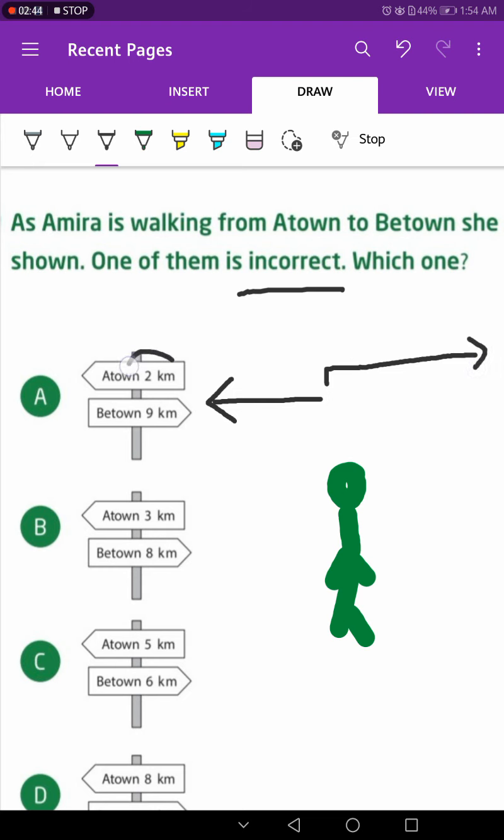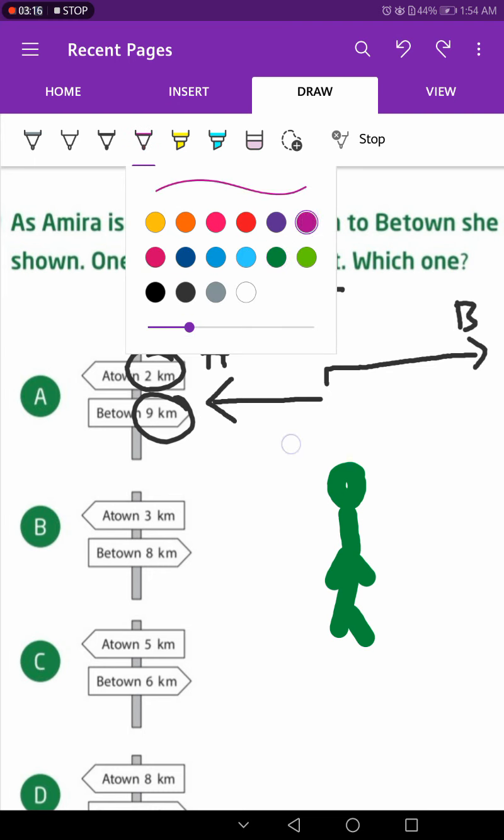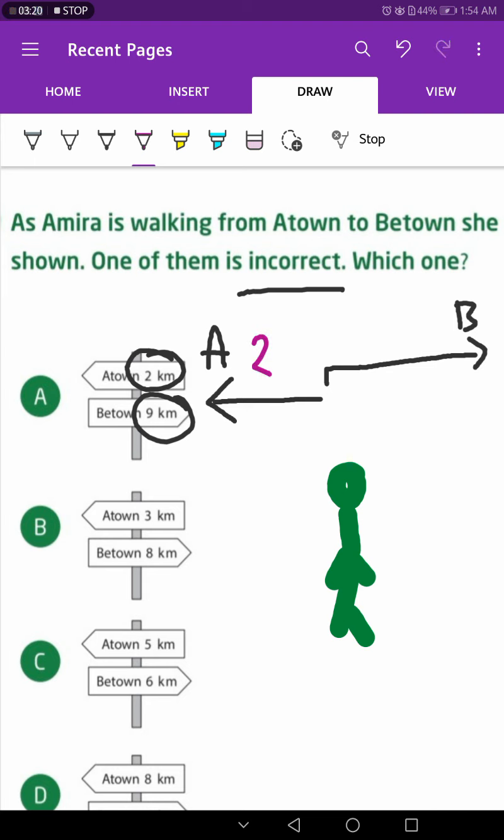If she moves 2 kilometers to the left, she will arrive at town A. And if she moves 9 kilometers to the right, she will arrive at town B. So 2 kilometers to the left and 9 kilometers to the right means the distance between town A and town B is the sum of 2 and 9, and it is 11 kilometers.